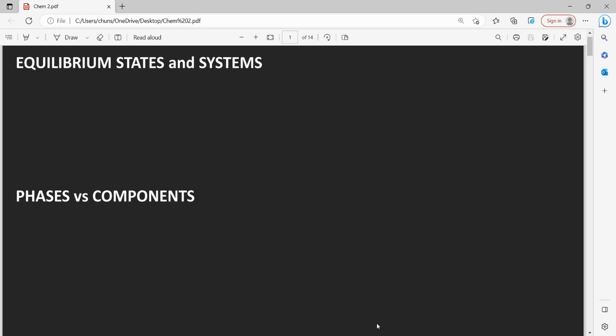So when you are given a problem, there are some main variables that you want to look out for. So we have things you already know, so that's mass, moles, volume, pressure, and energy.